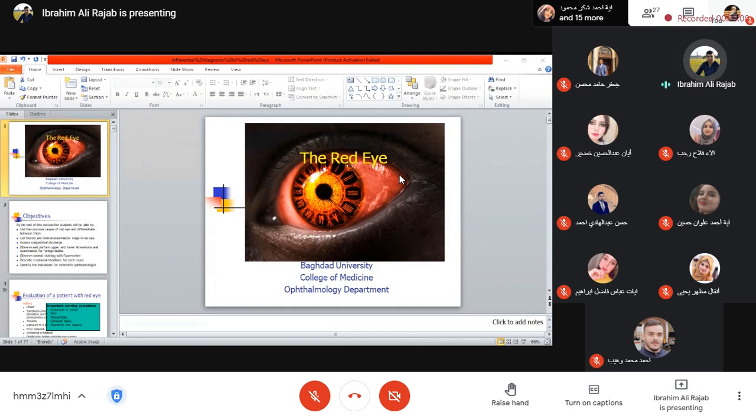Whether the site of maximal redness is conjunctival, whether palpebral or bulbar, or the maximal site of redness is surrounding the cornea, and this is called ciliary flush or circumcorneal injection.